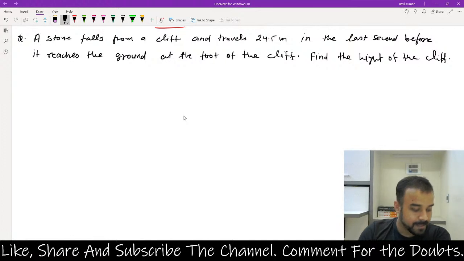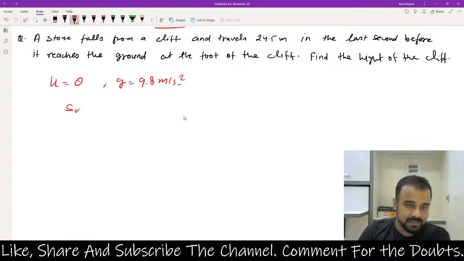अगर ये आपसे पूछा गया तो here we can say u is given to you, that is 0, and g is given to you as 9.8 meter per second square. The distance traveled in nth second, we know the formula as u plus g by 2 into 2n minus 1.